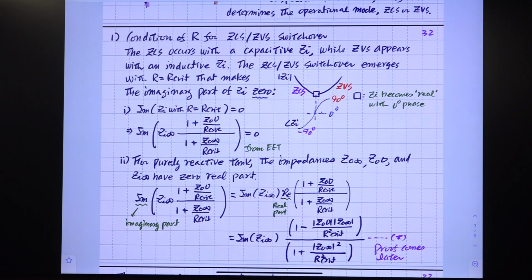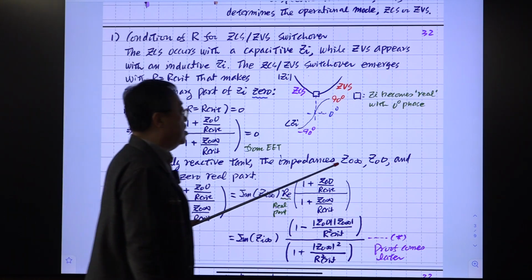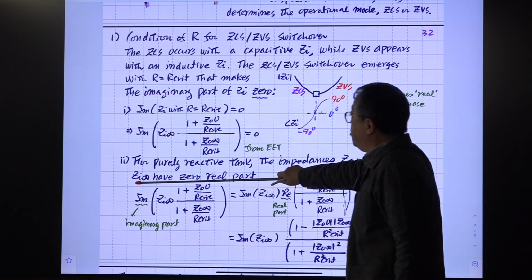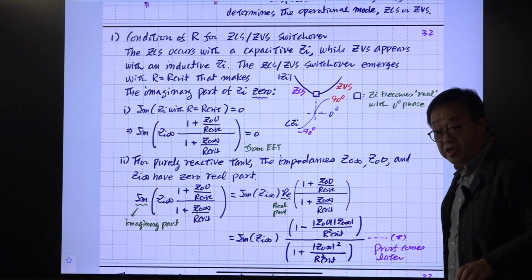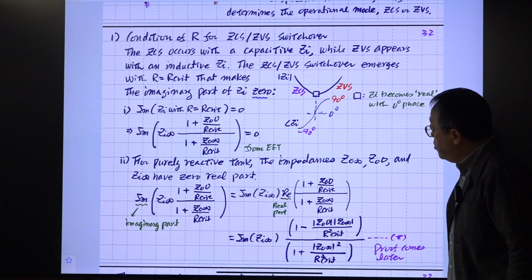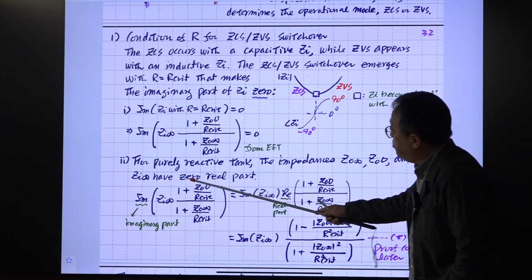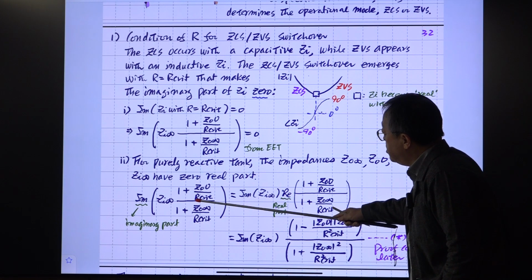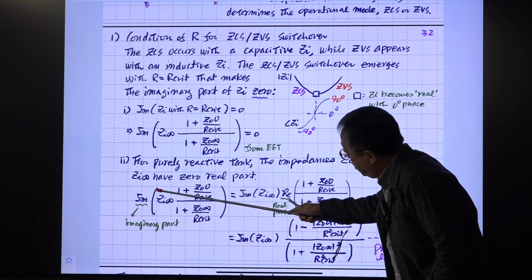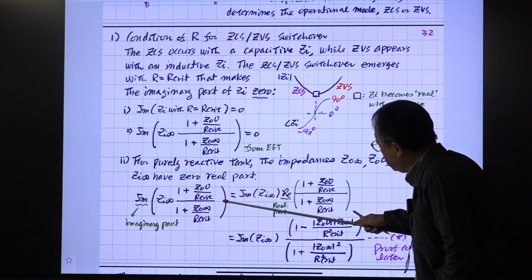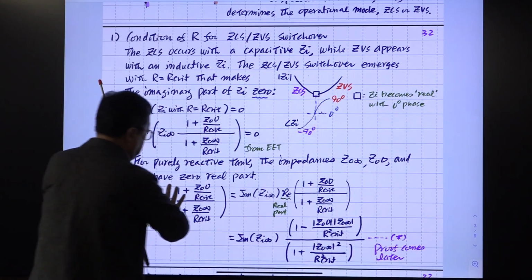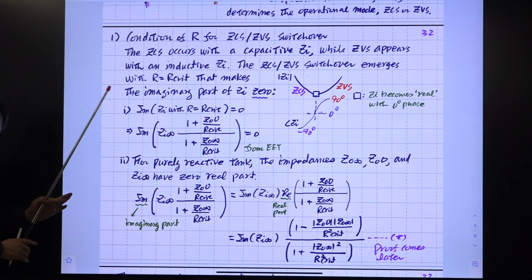Again, for purely reactive tanks, the impedances GO infinity, GO 0, and GI infinity have 0 real part. They are all imaginary, all reactive. Then we are talking about the imaginary part of this whole thing. This condition can be broken into two conditions.